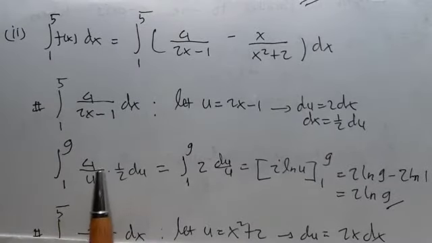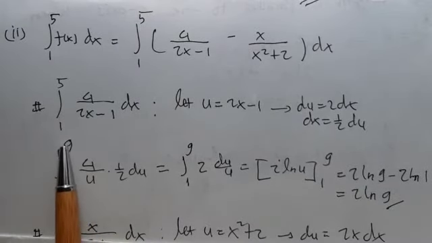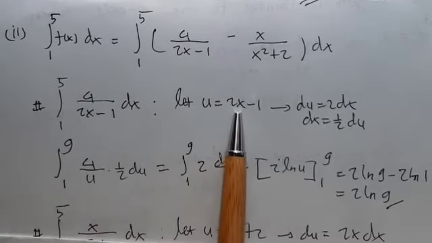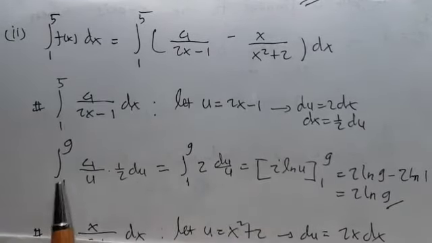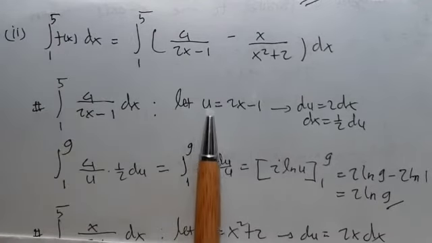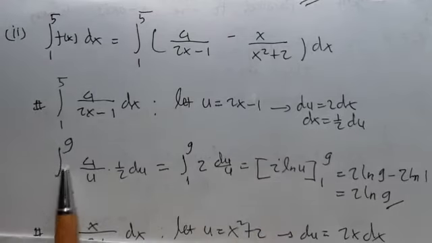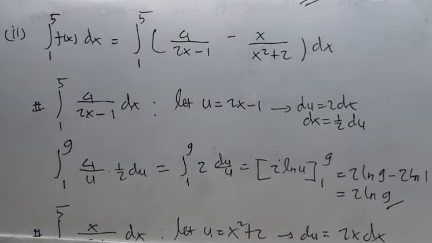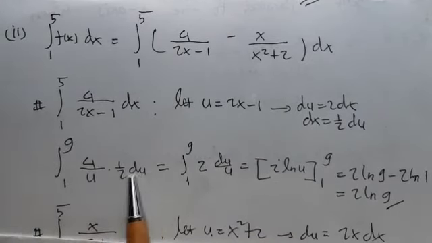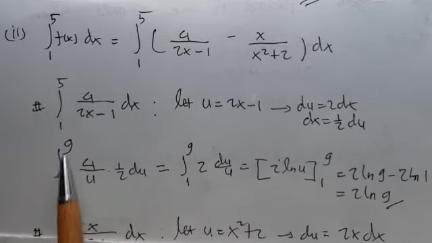Then the boundaries of the integration also change. When x is 1, u is 2 times 1 minus 1, that is 1, but if x is 5, u is 2 times 5, 10, minus 1 is 9. So the boundaries of integration in terms of u are from 1 to 9.